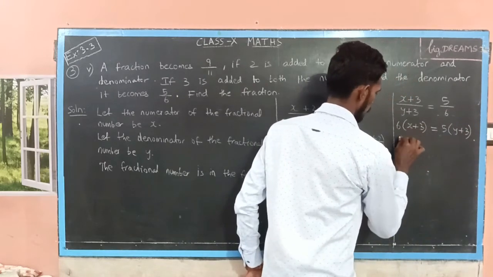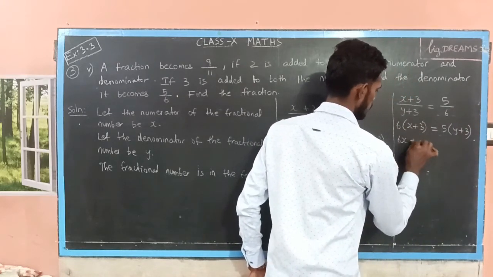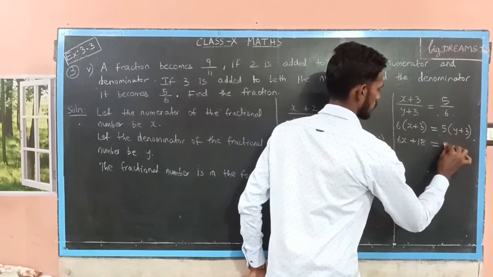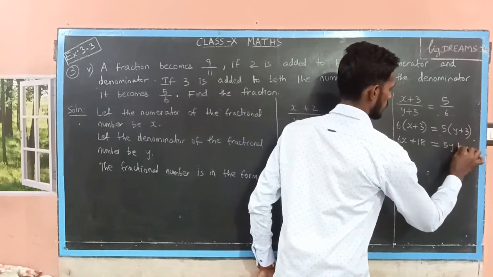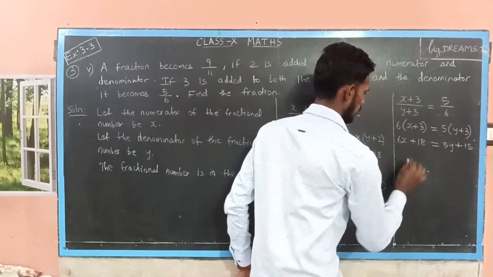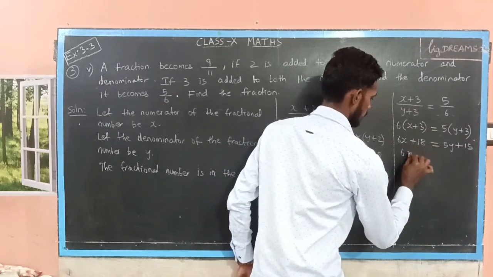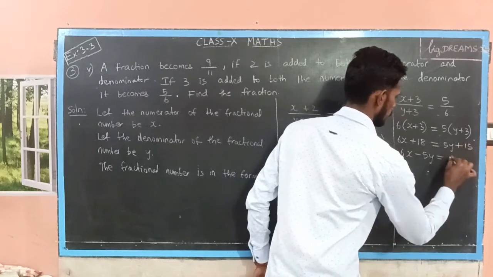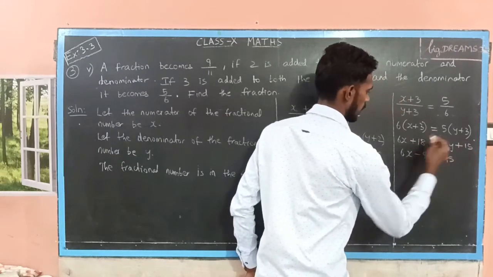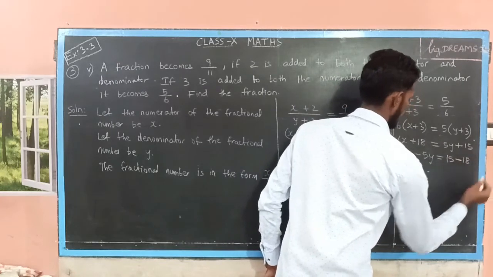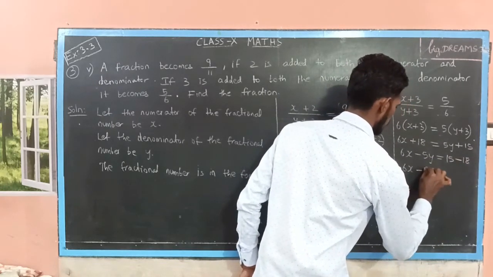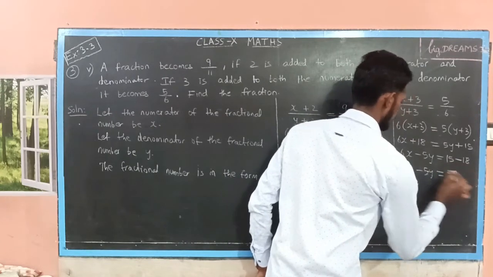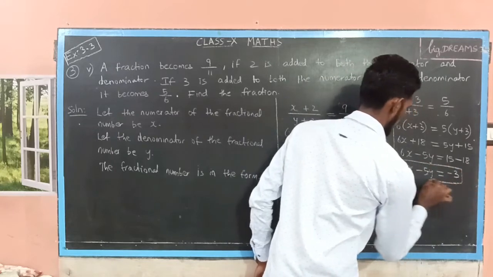Simplify it: 6x plus 6 into 3 which is 18 is equal to 5y, then 5 into 3 becomes plus 15. So bring the y term to LHS, that is 6x minus 5y is equal to 15, then taking plus 18 to the other side it becomes minus 18. So it is 6x minus 5y is equal to 15 minus 18, which gives minus 3. Thus we have got the second equation.